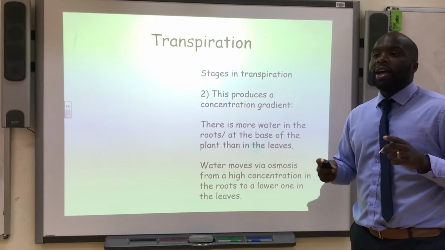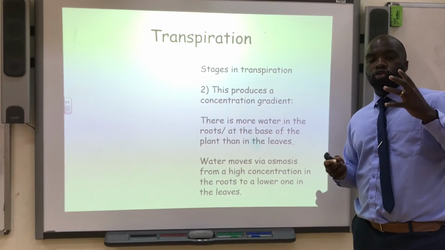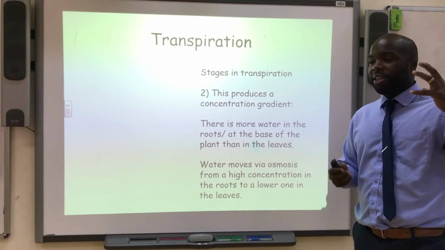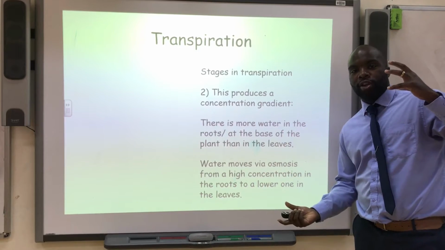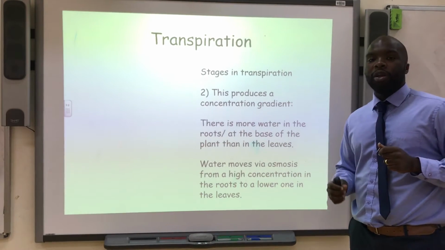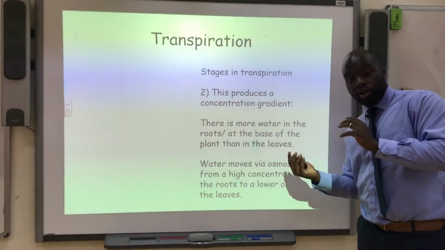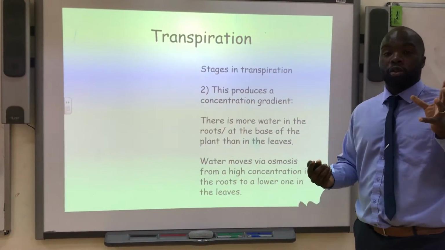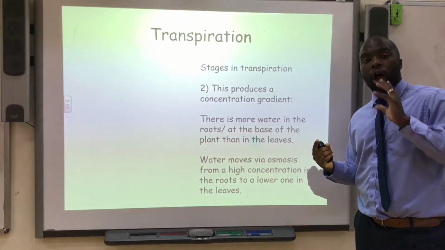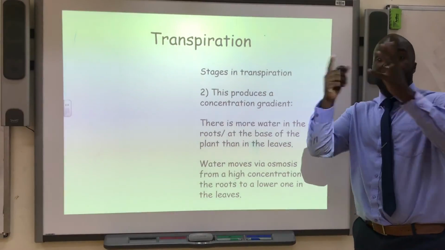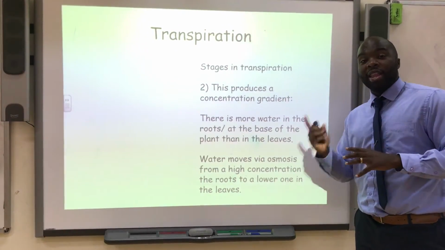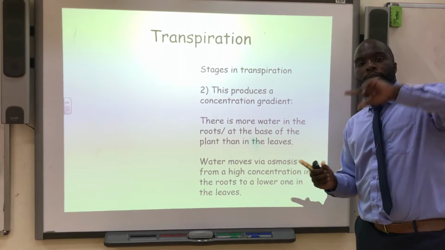It means that there is now a lower concentration of water in the leaves compared to the roots. Therefore water is going to move via osmosis from a high concentration to a low concentration, so water will move up the tree.